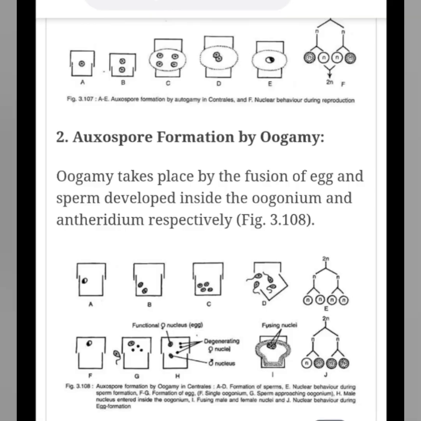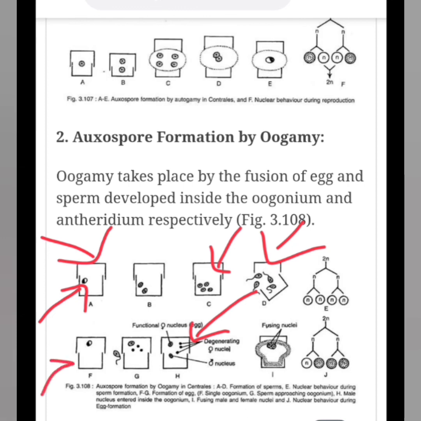In the antheridium, four sperms develop, since this nucleus will undergo meiosis to form four nuclei, and these will develop into sperms. Whereas in oogonium, meiosis occurs again, but three nuclei are degenerating. Only one nucleus will act as the egg, the functional egg.